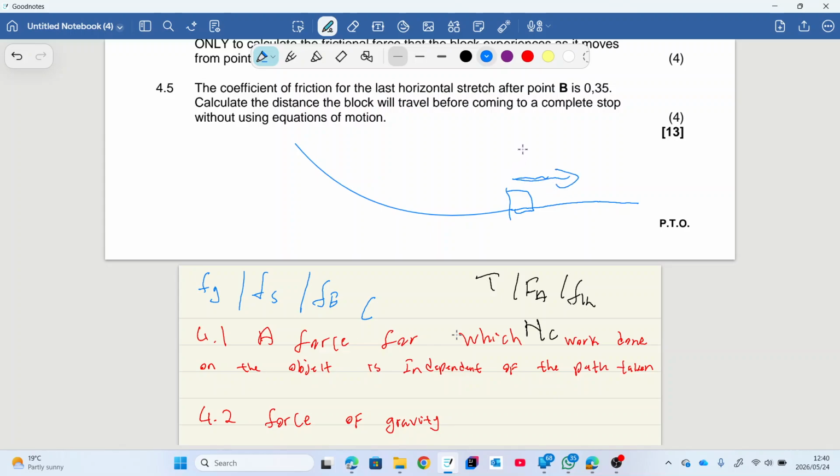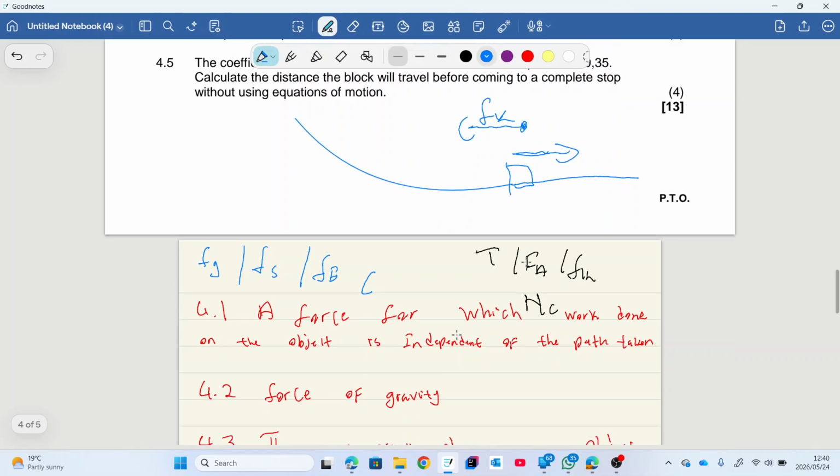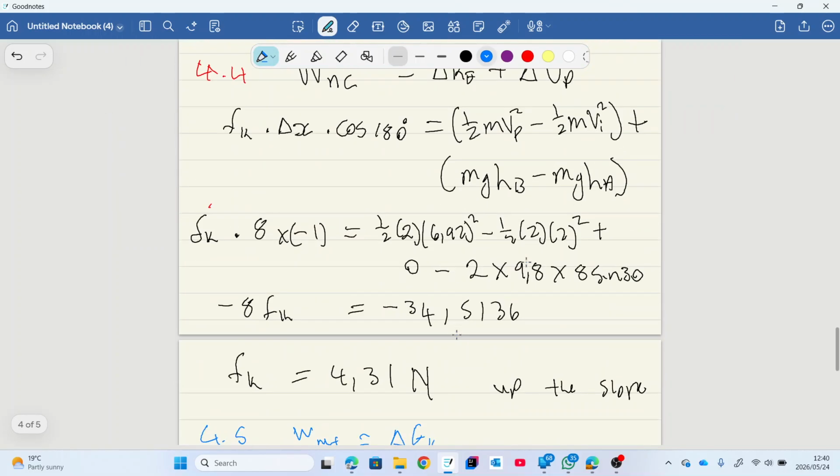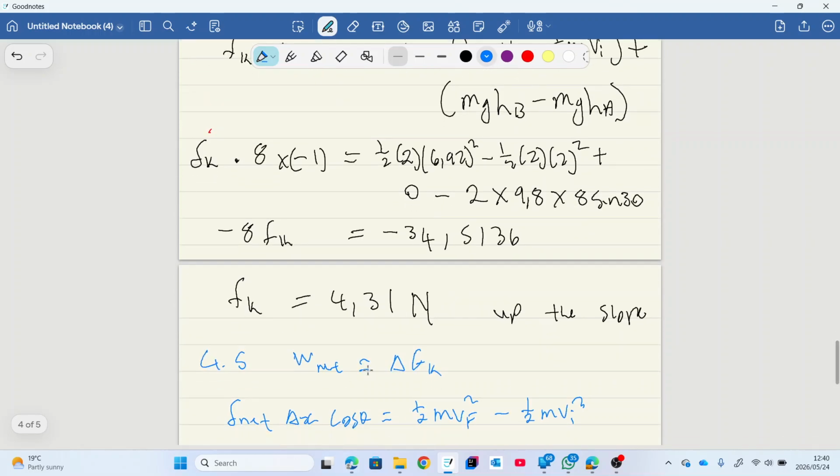The only force that acts on it is the opposing force, which is F of kinetic friction, nothing else. So net force is the same as Fk. So Fk, we got it here to be 4,31. We got it here to be 4,31. Okay, so we got it there.